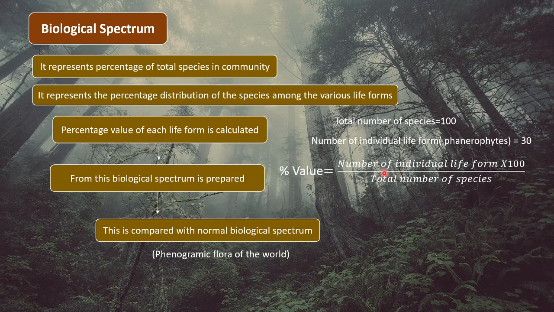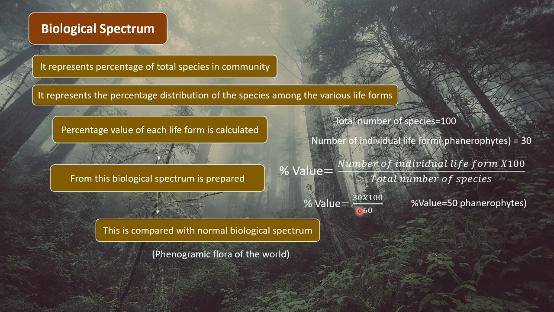What we will do is divide the number of individuals of the life form by the total number of species, into 100. So we will get the percentage value. So what is the number of individuals of the life form? It is 30, right? So it is 30 divided by total number of species, right, and into 100.